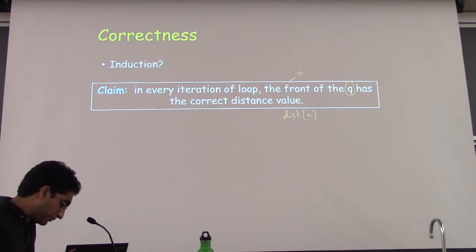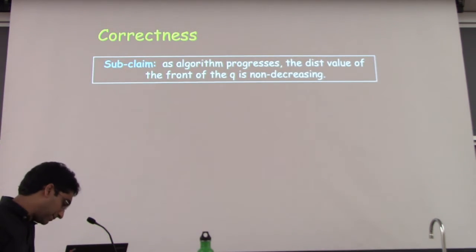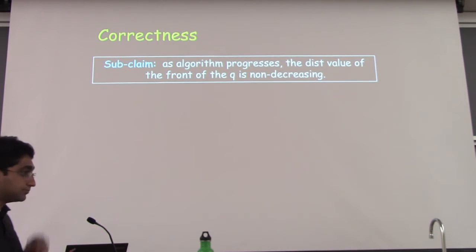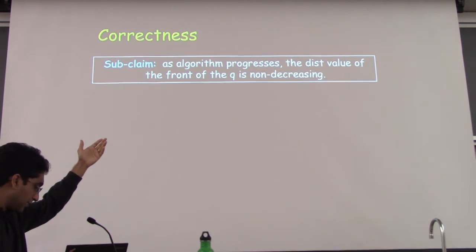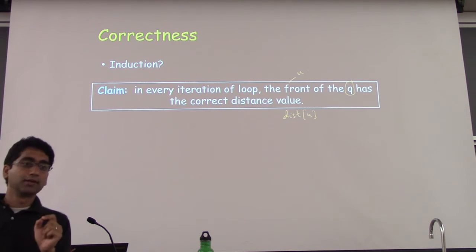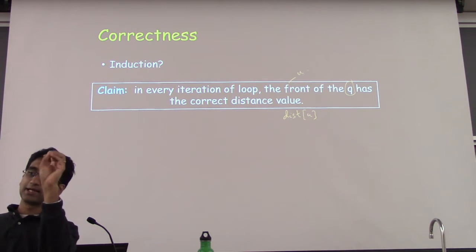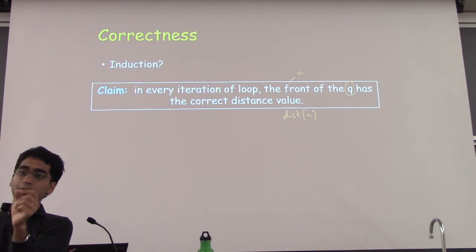So the way we prove this claim is by showing an easier claim, and this is the following. So when could this not happen? When could the distance value at the start of the queue not be the right one?